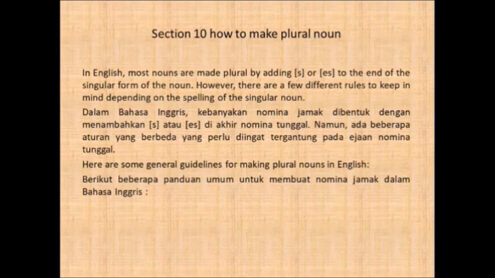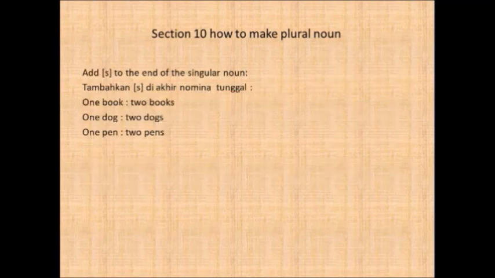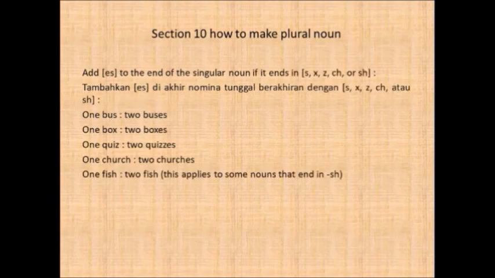Here are some general guidelines for making plural nouns in English. Add s to the end of the singular noun. 1 book, 2 books. 1 dog, 2 dogs. 1 pen, 2 pens.